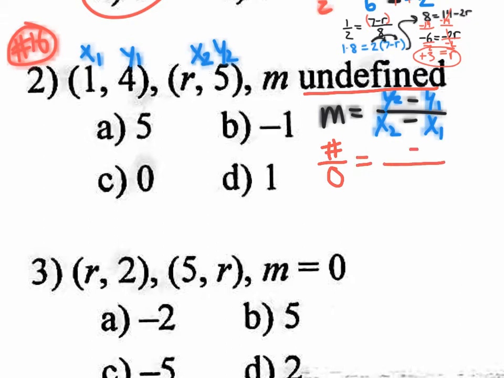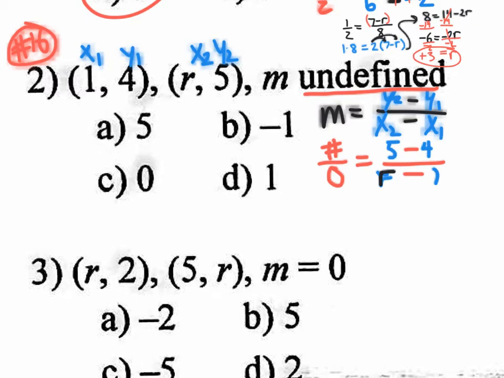Let's put the division, the subtractions, and let's plug in our y2, which is 5, our y1, which is 4, our x2, which is r, and our x1, which is 1. Sorry about that r, let me fix that. So we have an equation that says a number over 0 equals 5 minus 4, that's 1, over r minus 1.